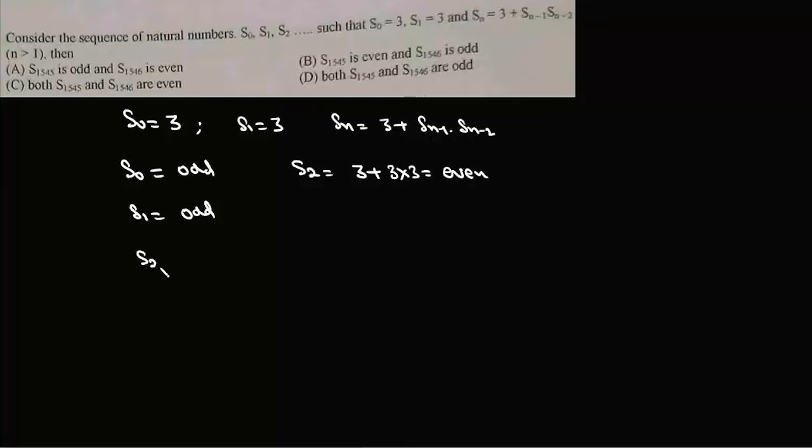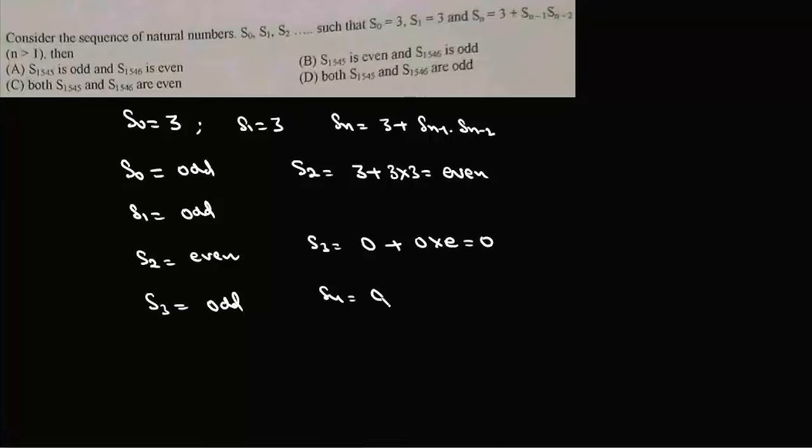So we'll have S2 even. Now S3 is 3 plus S1 into S2, so it will be odd into even, and odd into even is even, and odd plus even is odd. So we'll have S3 odd.